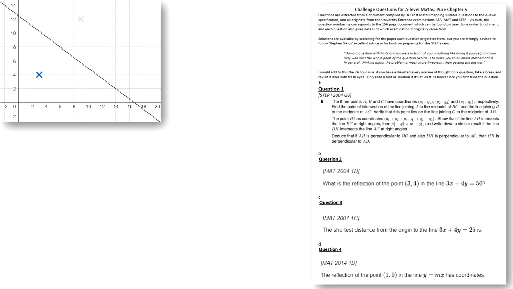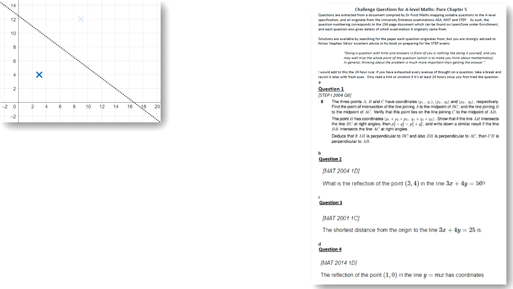I've also faintly marked on where I think the reflection of that point would be, and this is going to help me to start making sense of the problem. The crucial thing to know about reflections is that if you draw a line between an object and its reflection, that line will go straight through the mirror line or the reflecting surface at right angles.